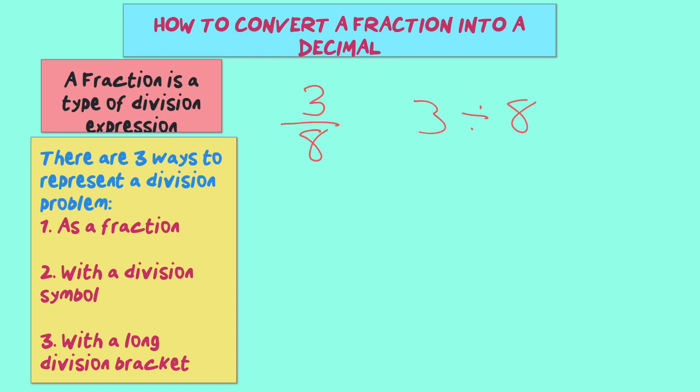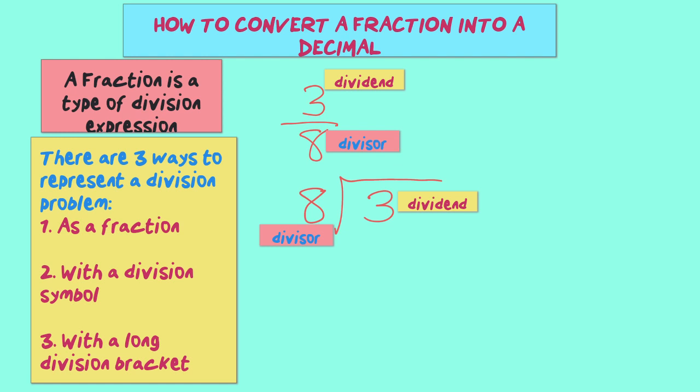Or you can write it as 3 divided by 8 with a long division bracket. Where 3 is your numerator and 8 is your denominator, or 3 is your dividend and 8 is your divisor.